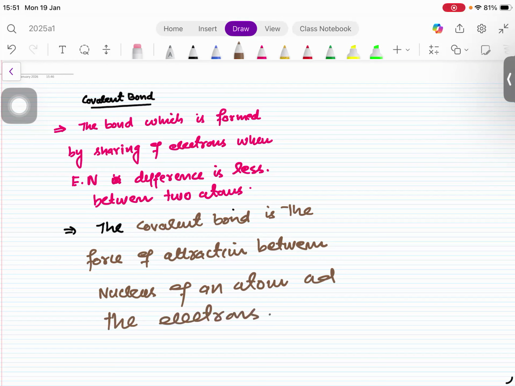So this is the textbook definition of the covalent bond.